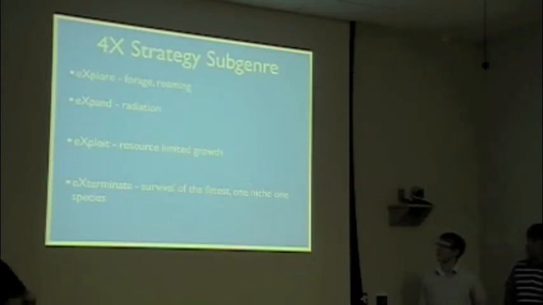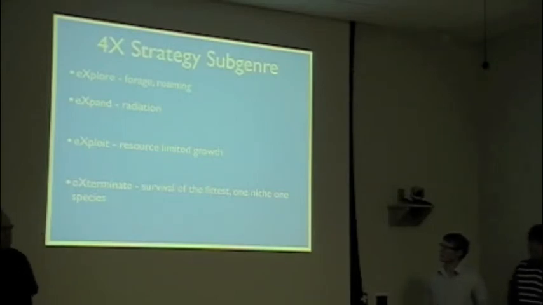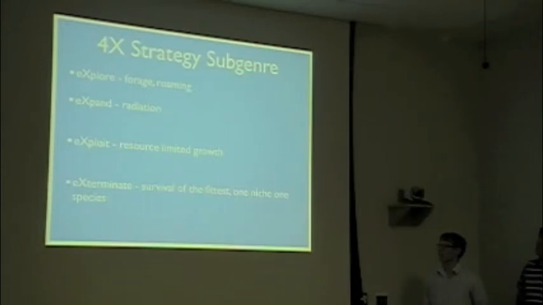If you expand, of course, you radiate species, you reach higher numbers. Exploitation, of course, is interesting the moment resources are limited. Obviously, exploitation is important. And exterminate actually nails it because of survival of the fittest, or the fact that you can only live in a niche with one species, means that you have to exterminate the other to survive. So the fittest nails this point. So apparently this is really prone to what we try to do.